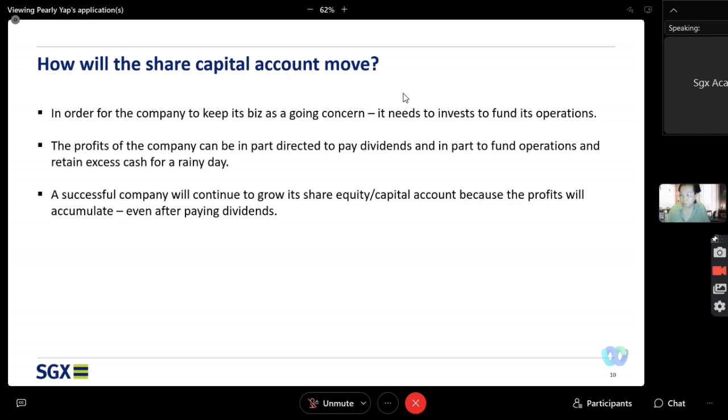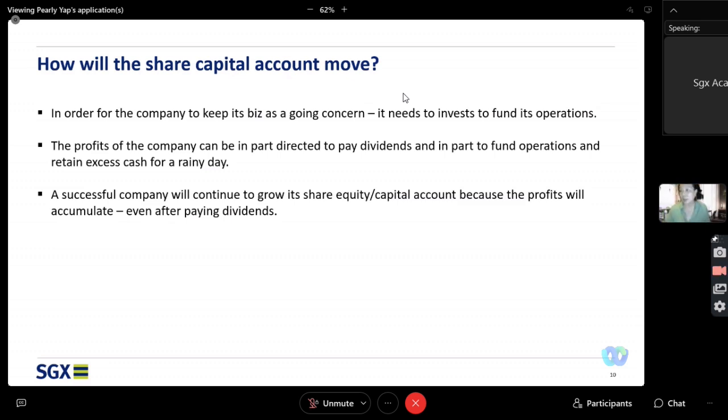So often in a growth company, companies that are growing very fast, they need to expand very fast and they need to invest a lot, right? So the initial capital and the profits that they have accumulated may not be enough, right? So they may put their hand out and ask public shareholders and say, hello, I need to grow. Can you give me some money? Okay, that's when the share capital account moves. So let me summarize.